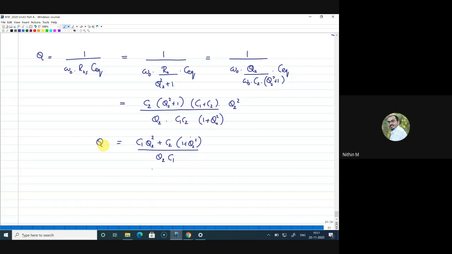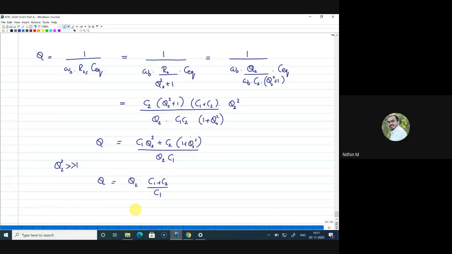I think this is C1 and this is C2. Yes, Q2 square, C1. Yeah, all right. So this is the Q, right? Now again, if I am considering Q2 square larger than 1, I can simplify this and write this Q as Q2 into C1 plus C2 divided by C1. I think we can write it in this form. So C1 plus C2 divided by C1, which is Q.